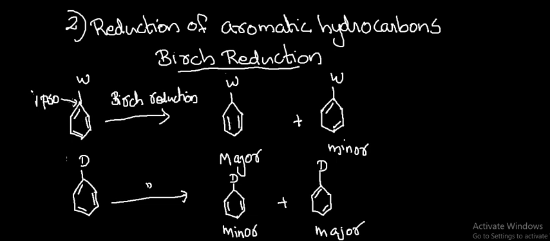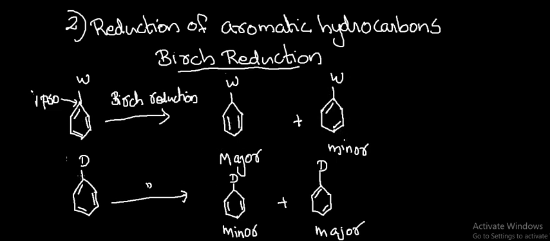That is the position at which the withdrawing substituent is attached. And the resulting product will be major. So here this is the major product and this will be the minor product.